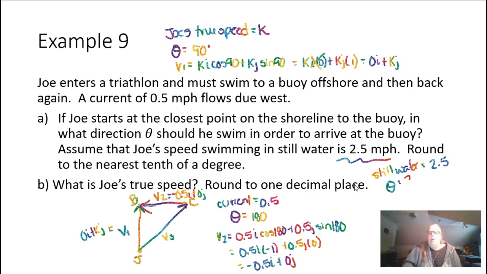We have no idea what angle he's swimming at. In fact, that's what we're trying to figure out, what angle he actually has to be swimming at in order to fight the current and still meet up again with the buoy. And so putting our vector 3 into terms of i and j, we're going to have 2.5 times i times the cosine of theta plus 2.5 times j times the sine of theta.